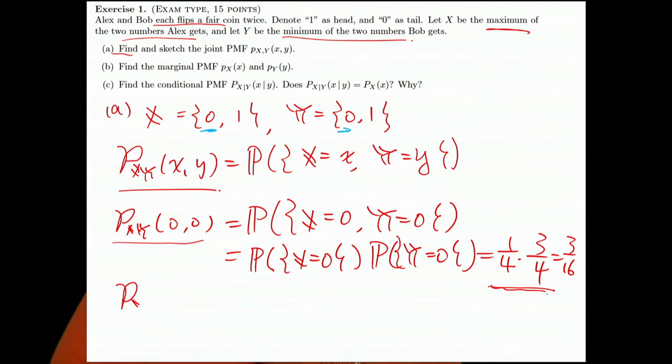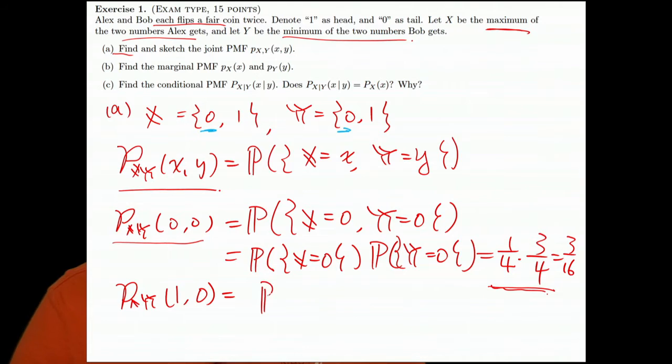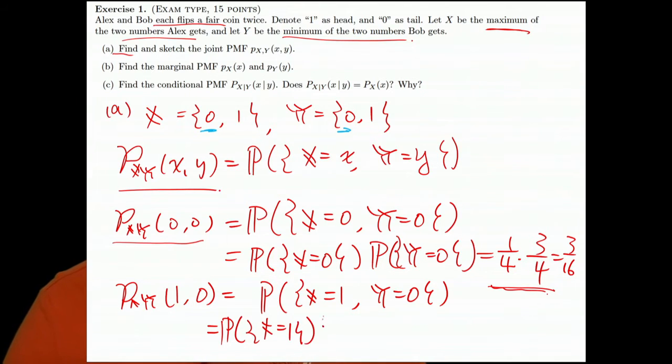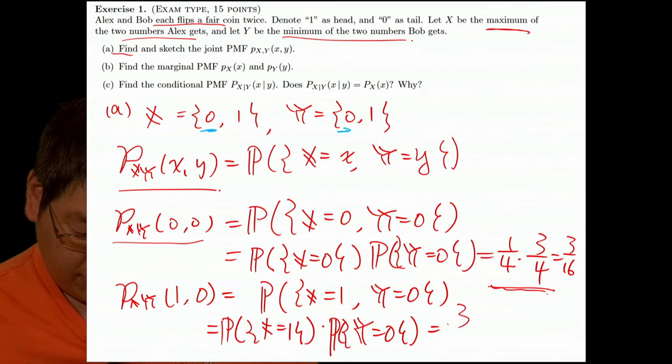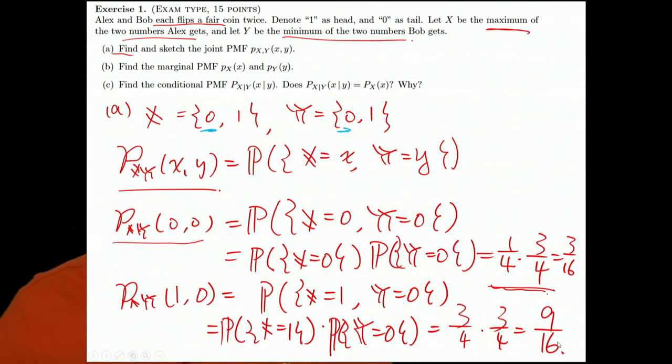We still need to consider if x equals 1 and y equals 0. Because they are independent again, this is the probability of x equals 1 times the probability of y equals 0. And here it is 3/4 times 3/4, which is 9/16.